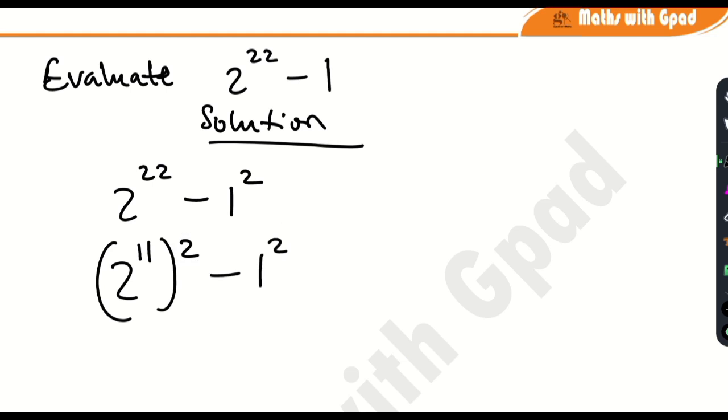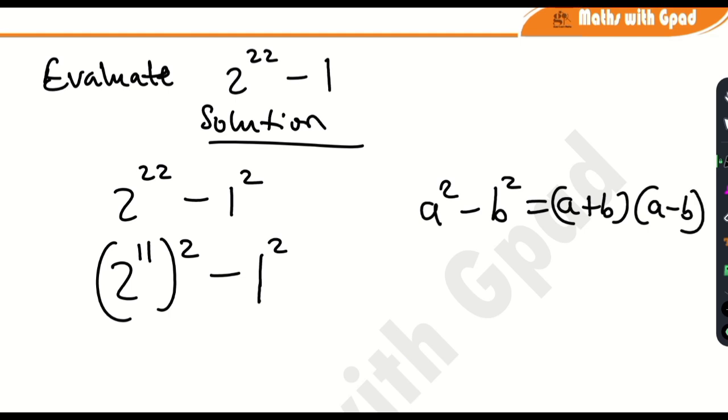So we can apply difference of two squares. If you have a squared minus b squared, this is equal to a plus b in bracket and then a minus b. If you compare, you will see that a is 2 raised to the power 11, and b is 1 here.